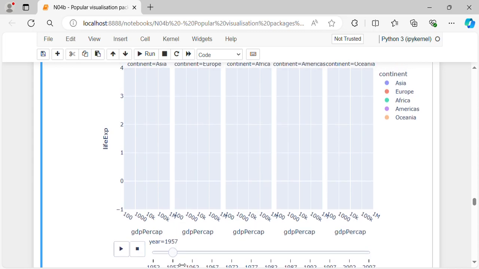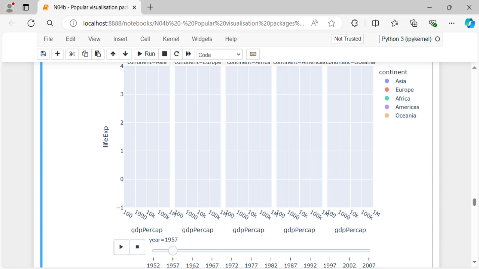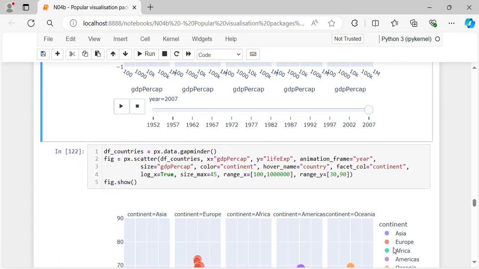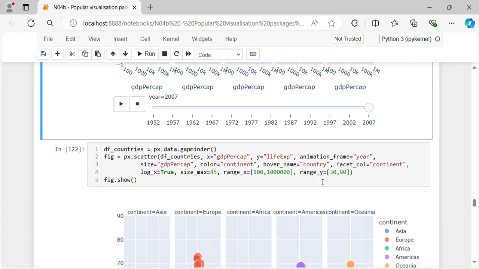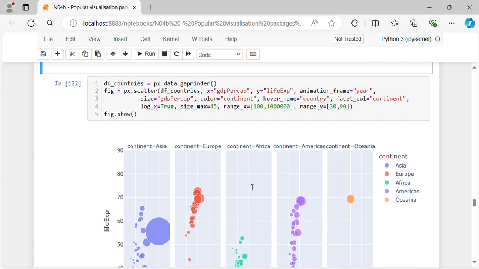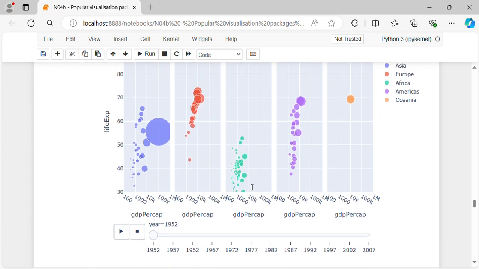Doesn't show us anything. 1962, 1967, 1972, doesn't show us anything. We need to add the range of y. So we add the parameter range_y equal from 30 to 90. So now we can see the values.